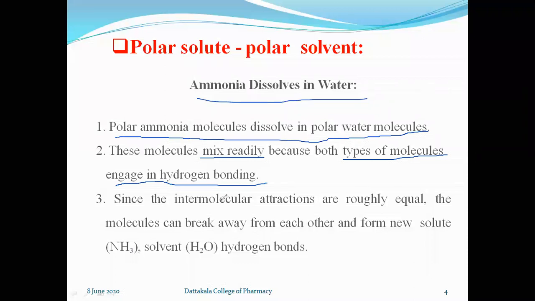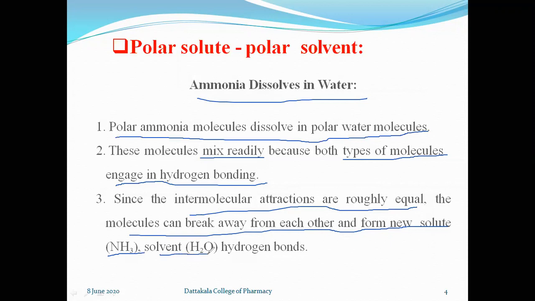So here, the intermolecular attractions are roughly equal. The molecules can break away from each other and form a new solution. The solute is ammonia, the solvent is water, with hydrogen bonds.